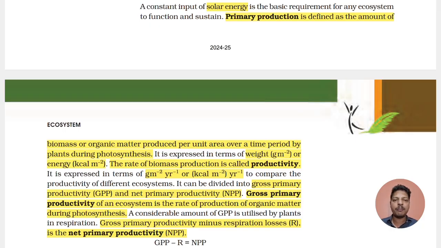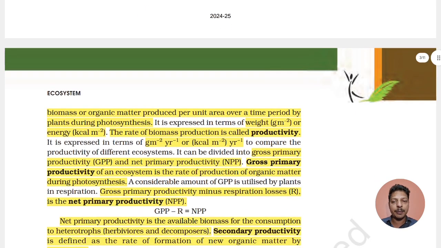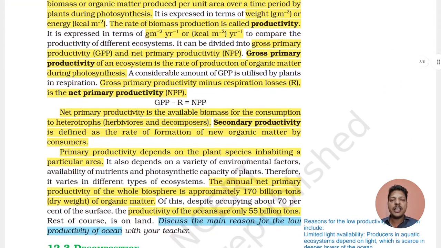It is expressed in terms of weight, that is grams per square meter, or energy, kilocalories per square meter. The rate of biomass production is called productivity. It is expressed in grams per meter square per year or kilocalories per meter square per year to compare the productivity of different ecosystems. It can be divided into GPP and NPP. We have already seen these; the same points are given.